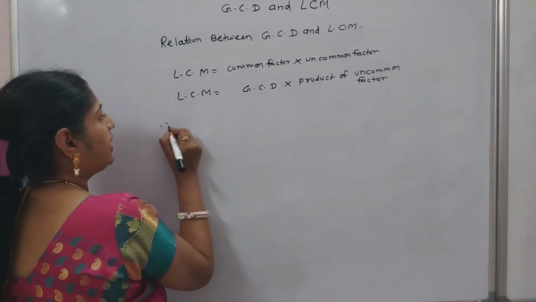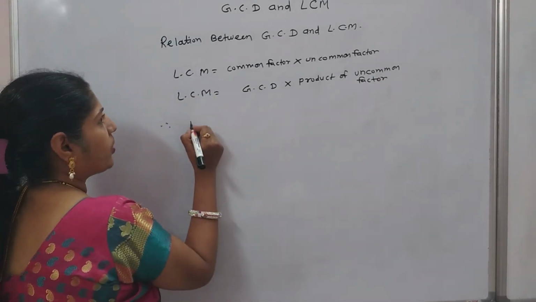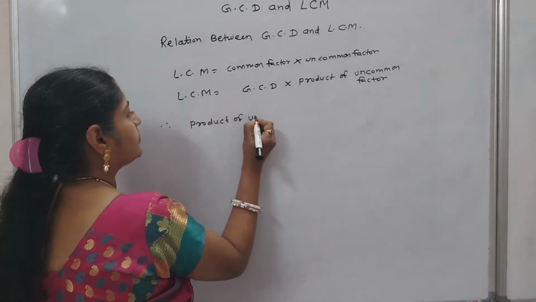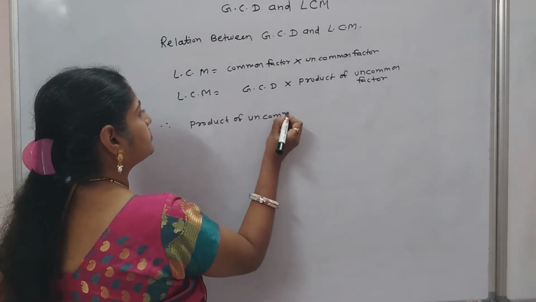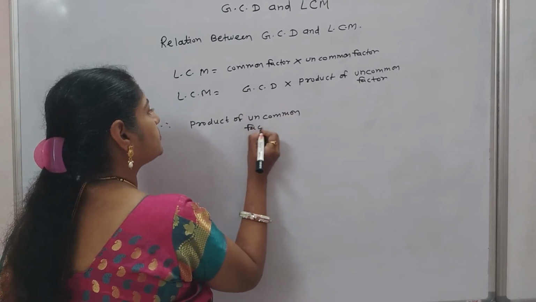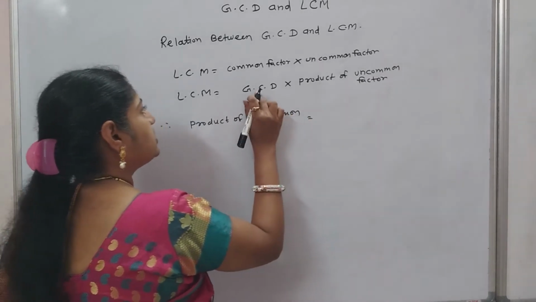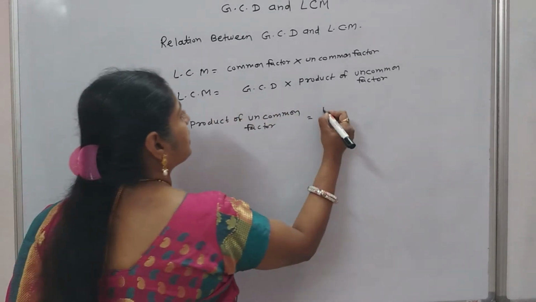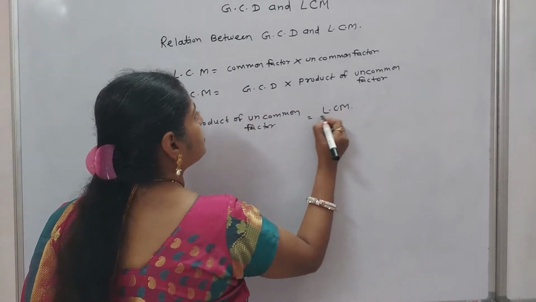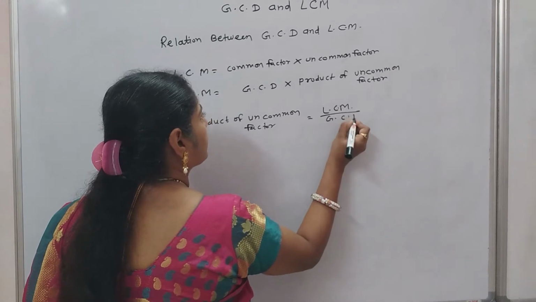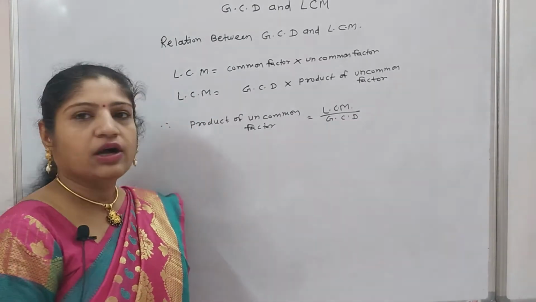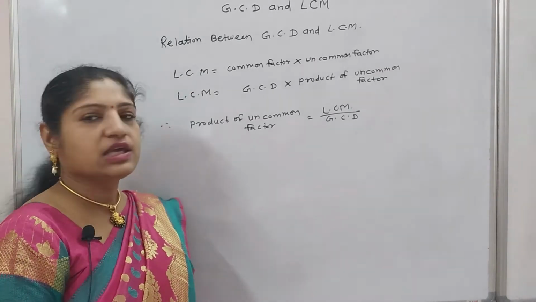So we write the relation: product of uncommon factors equals LCM upon GCD. In multiplication it goes to division. This is the relation between LCM and GCD: uncommon factor equals LCM upon GCD.